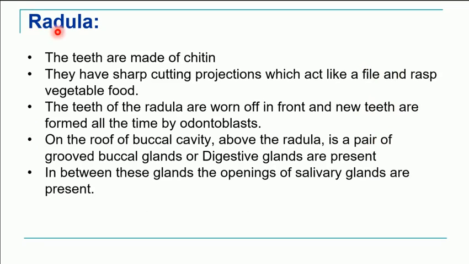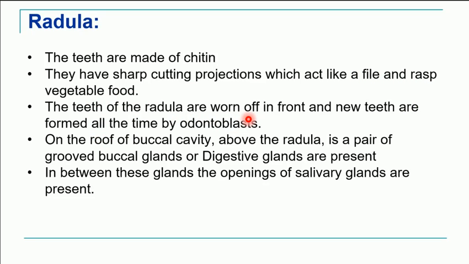Now these teeth, we have seen the rows of teeth. These teeth are chitinous in origin. That means they are made up of chitin. They have very sharp cutting projections which act like a file which you use for sharpening purposes, and they can easily rasp or break down the vegetable food. The teeth of the radula also wear out after some time.